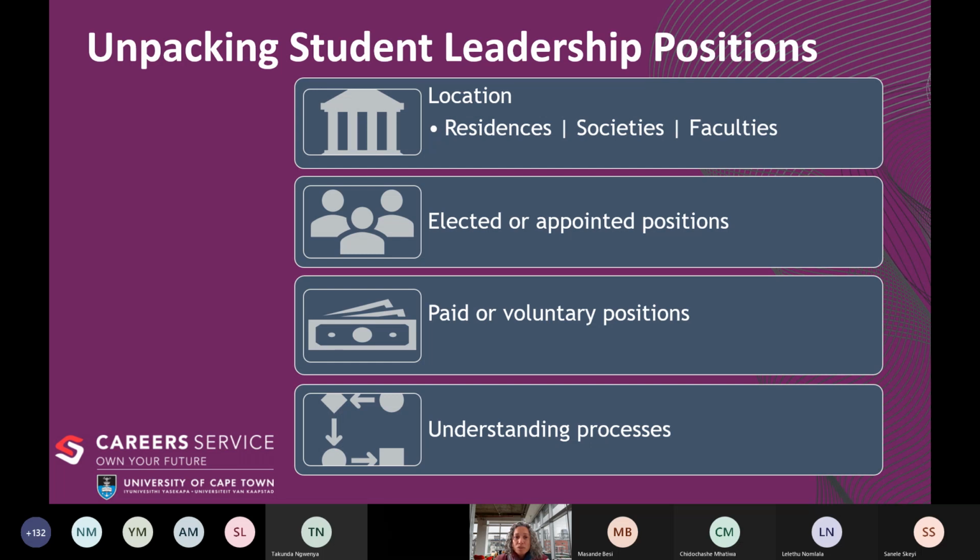It's also important to note that it can be an elected position or an appointed position, and that will then determine the application process. Some of these roles are voluntary and others are paid positions.